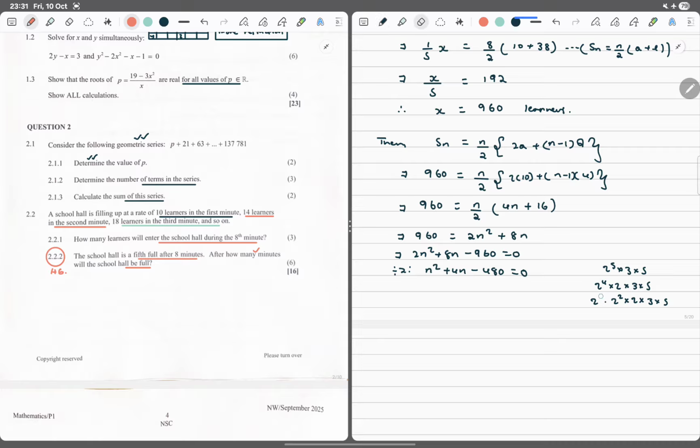Let's be systematic so that we don't end up in trouble. So let's have a look. That is still 2 to the 5. Now let's see, this is 8 times 2, that's 16. This is not going to work, but I think I'm supposed to end up doing that breakdown anyway.